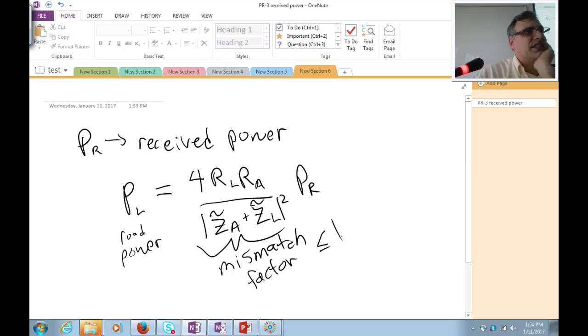It's always less than or equal to 1 for passive devices. And it represents how efficiently you're coupling power from the antenna that's available into your receiver.